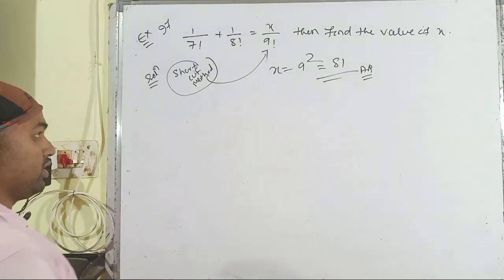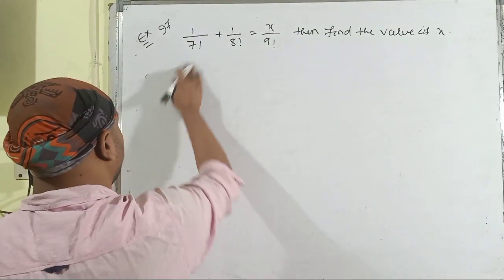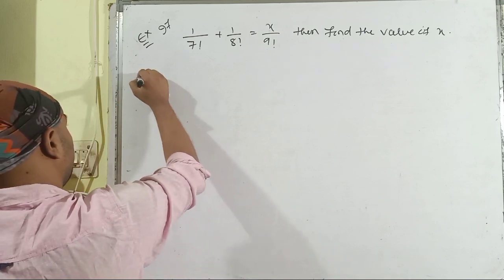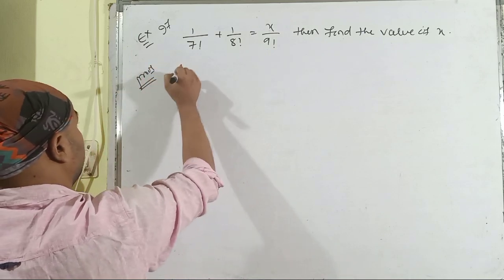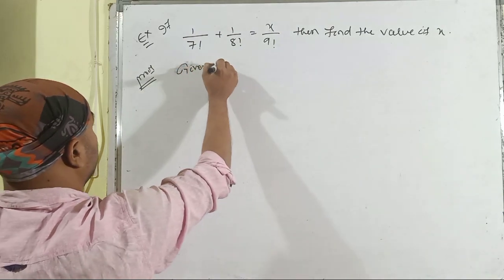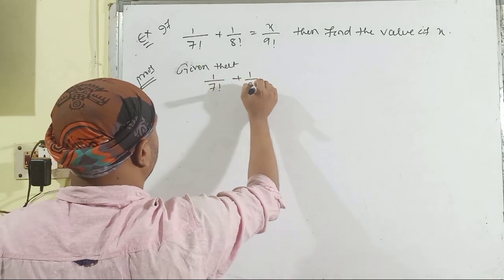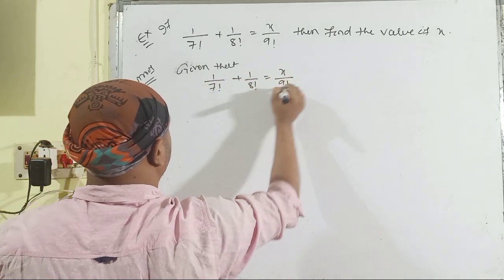But let us prove it by the descriptive method, by considering the LCM. So here it is the proof. Considering the given, 1 upon 7 factorial plus 1 upon 8 factorial is equal to x upon 9 factorial.